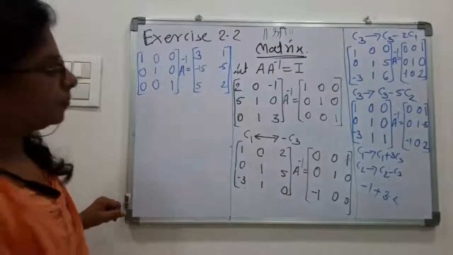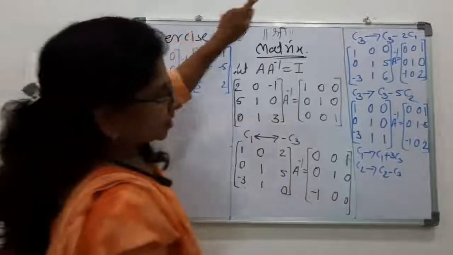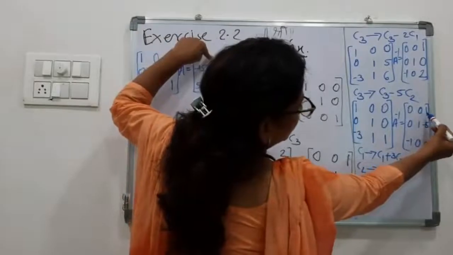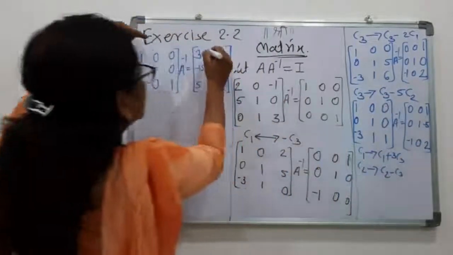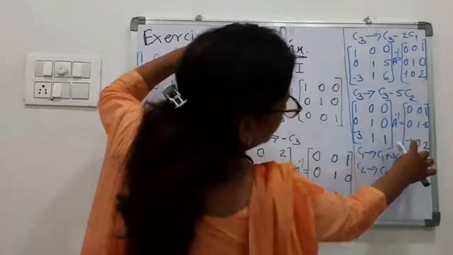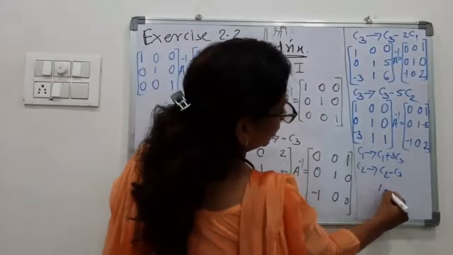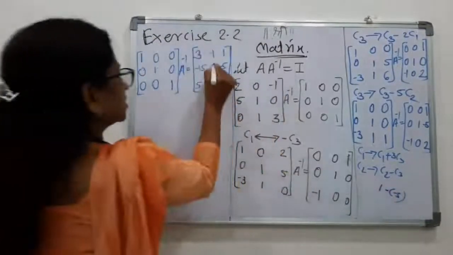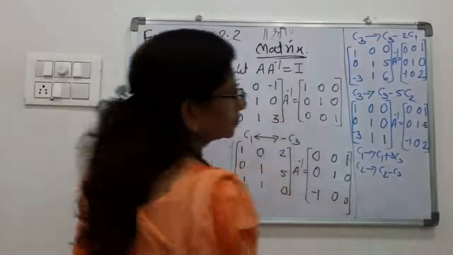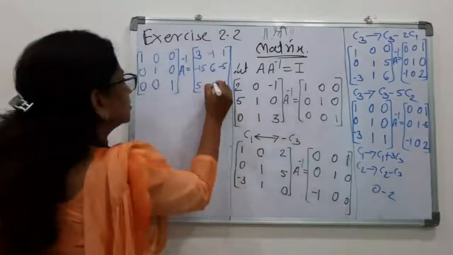Now come for C2. See now. C2, this is C2. C2 minus C3 means minus 1 is there. Okay, then here C2 is 1 minus minus 5, that is 6 is there. Then last element C2 is 0 minus 2 means minus 2 is there.